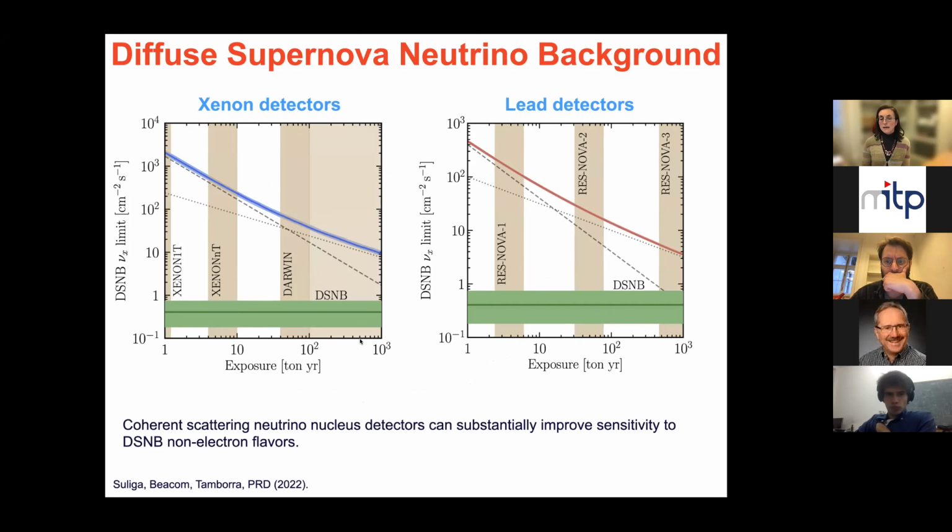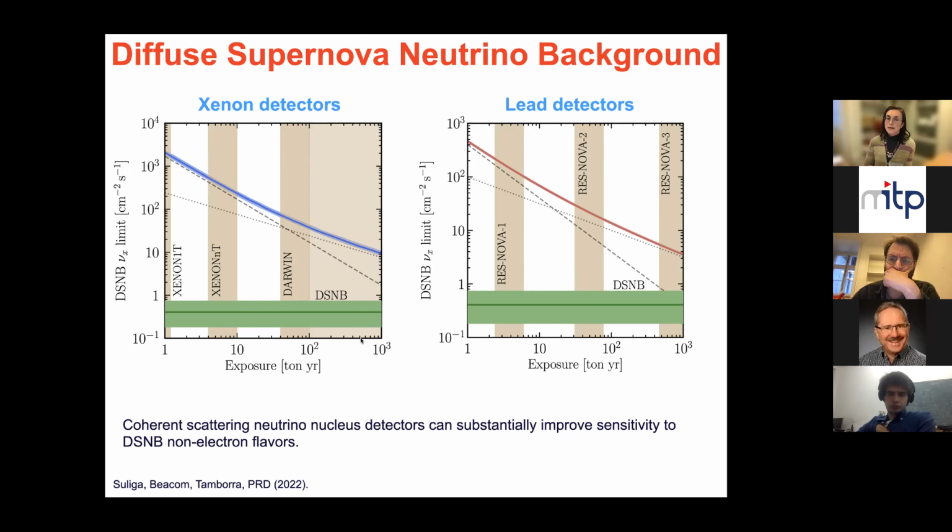Another aspect to keep under consideration is that in the plots that I showed you before, we have limits from Super-Kamiokande on the anti-electron neutrinos. However, it's also important to place constraints on the non-electron flavors, because this can help us disentangle a larger amount of information from the diffuse supernova neutrino background.